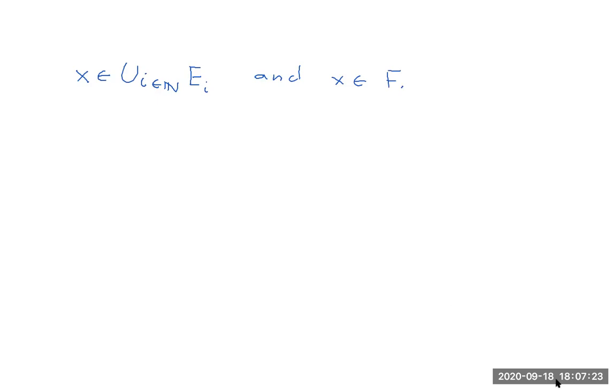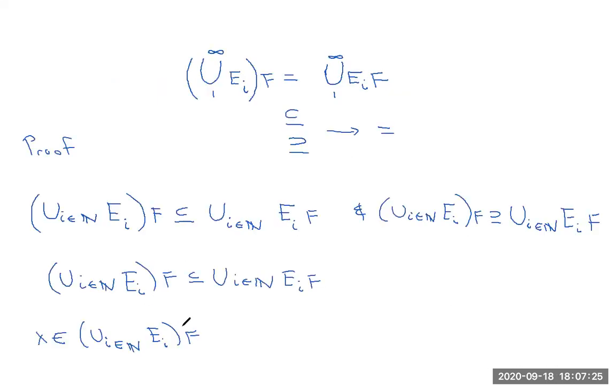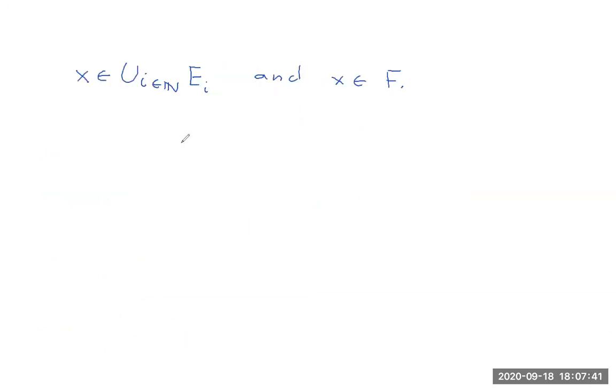This is true because of the definition of an intersection. E_i, when it's placed right next to F, stands for the intersection. If x is an element of the intersection of two events, then it is by definition an element of both events. So that's why we have this.